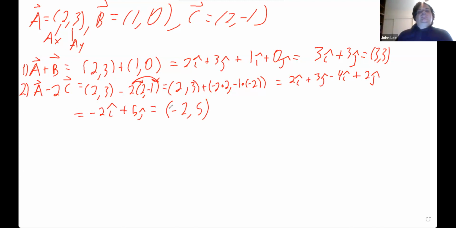And yep, that is basically all you need to do. Just treat the i's and the j's, the unit vectors, like their own variables and don't mix between them, and you should be fine.